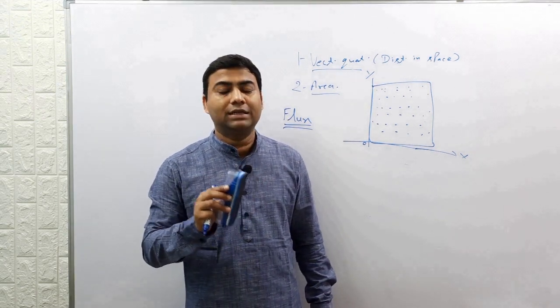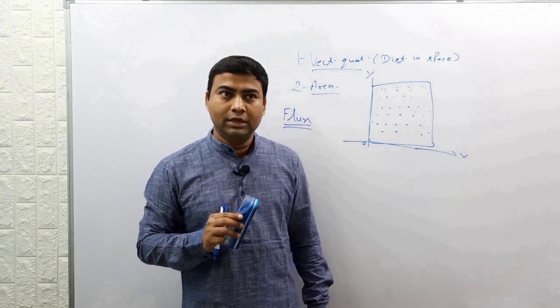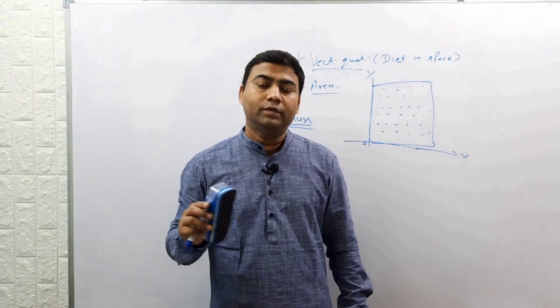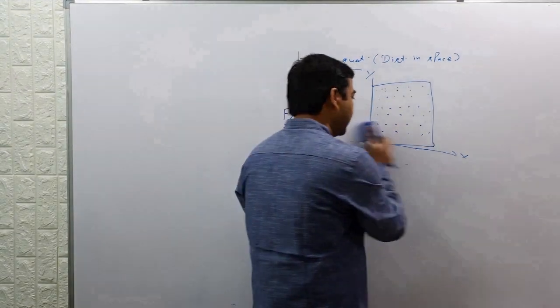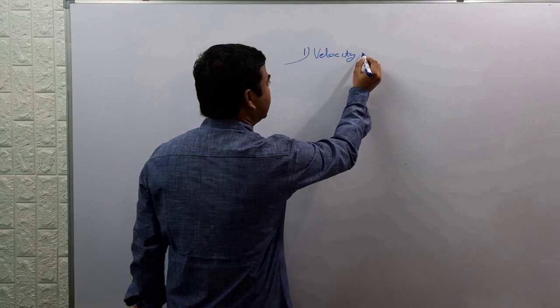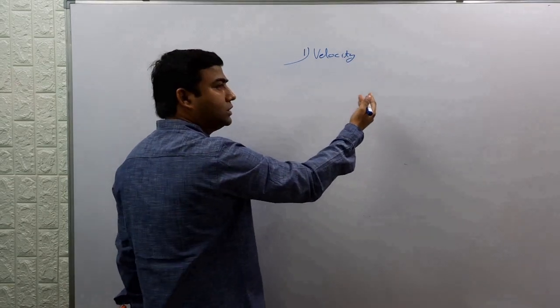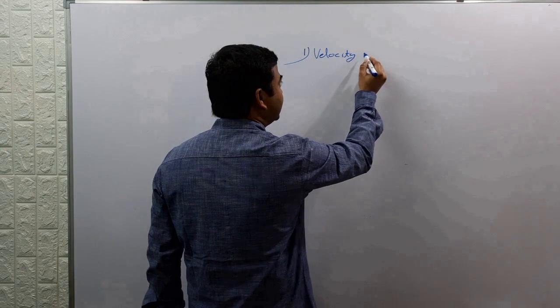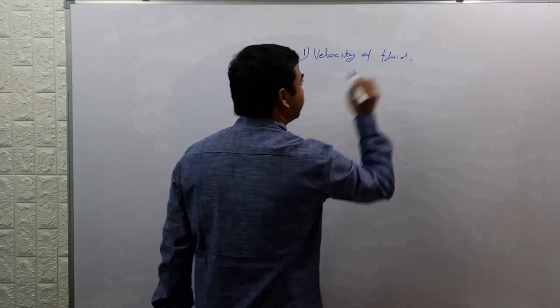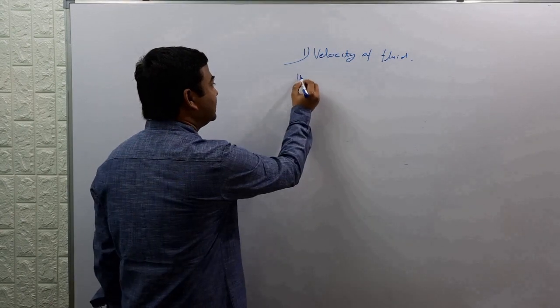So flow is a classic example of flux, and we will understand flux with the help of flow of fluid. A distributed vector quantity is required for a flux. In case of flow, it is the velocity of fluid. Second is area.